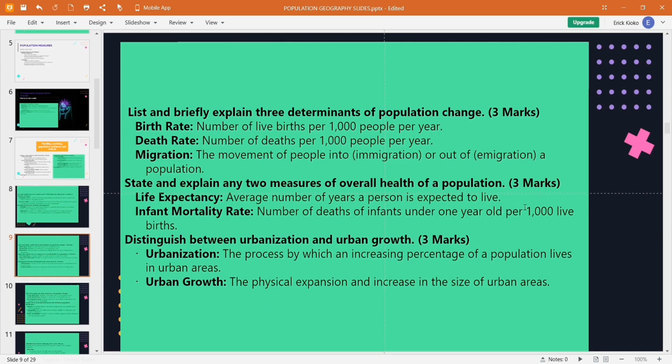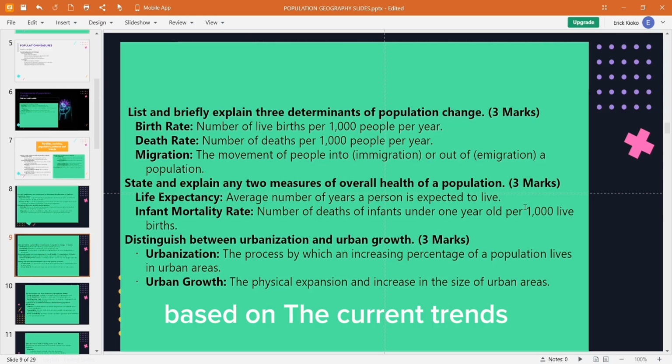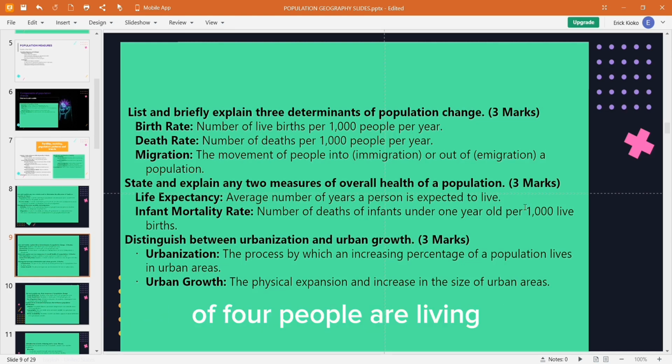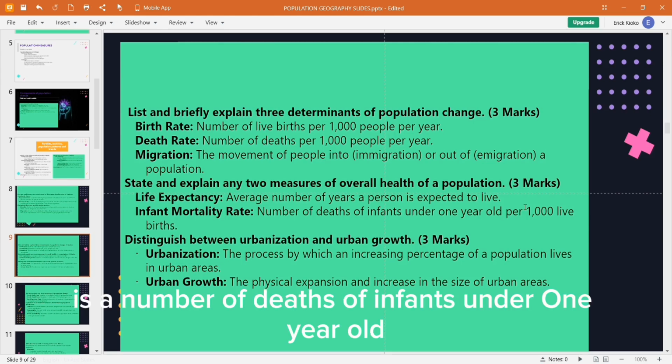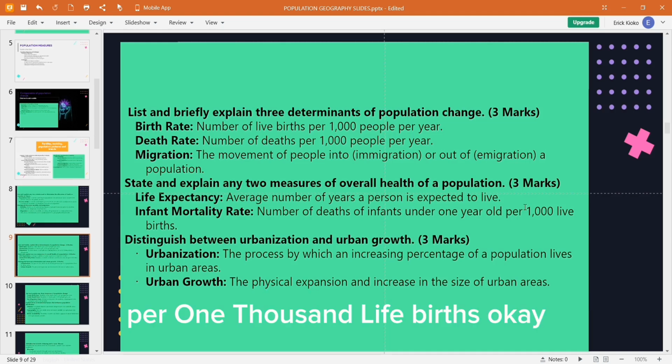For example, different countries have different life expectancies based on the current trends of the number of years people tend to live. Infant mortality rate is the number of deaths of infants under 1 year old per 1,000 live births.